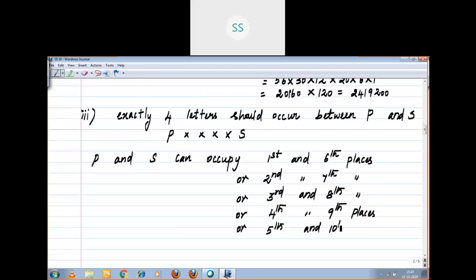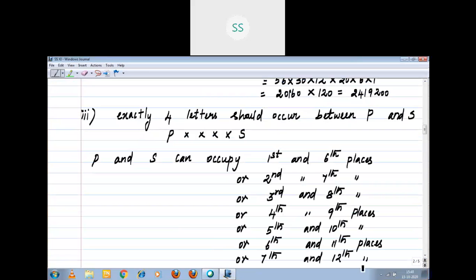Or 5th and 10th places, or 6th and 11th places, or 7th and 12th places. These are the possibilities.